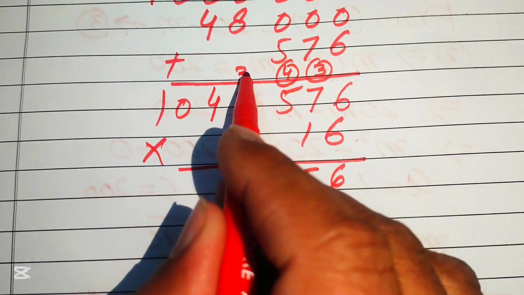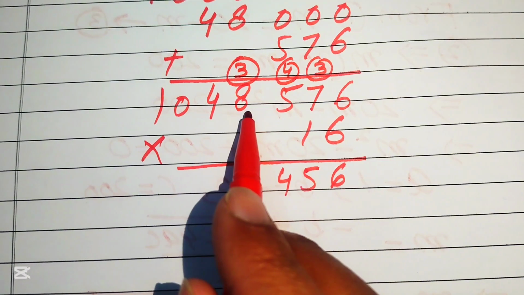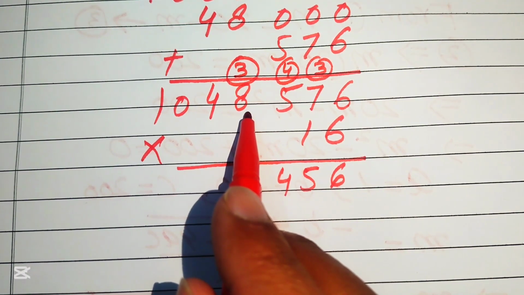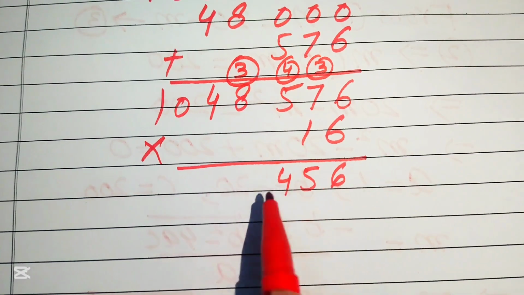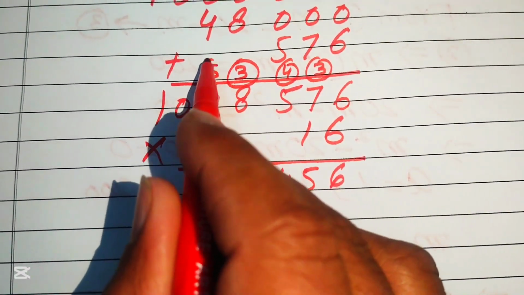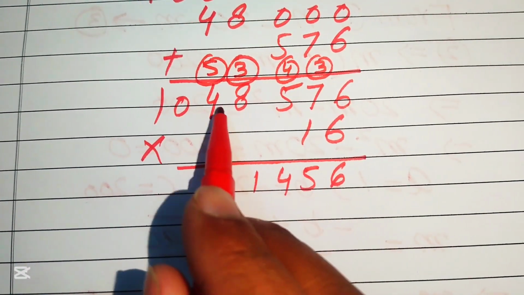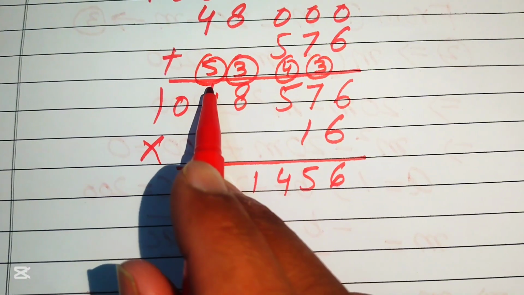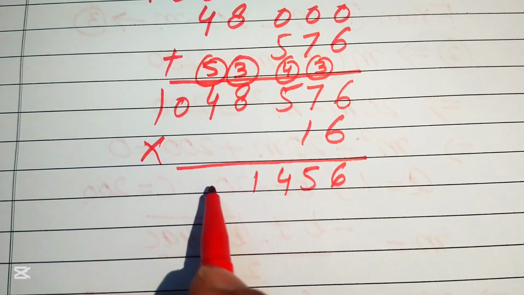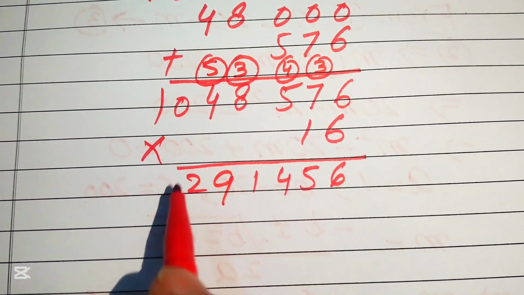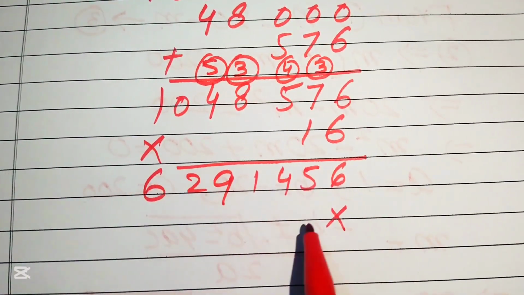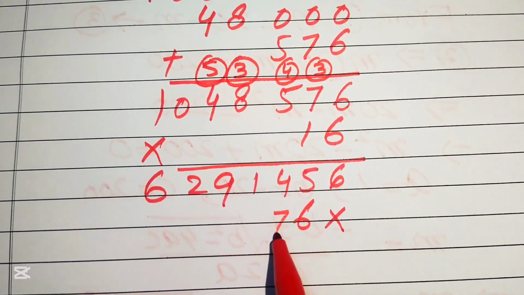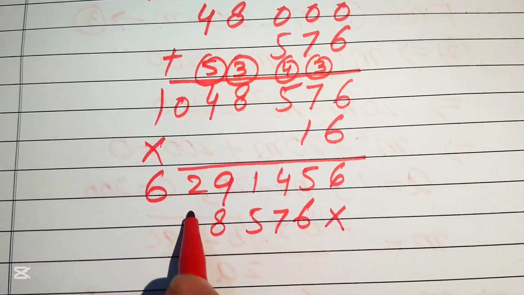We write 4 and carry 3. 6 8s are 48, 48 plus 3 is 51. We write 1 and carry 5. 6 4s are 24. 24 plus 5 will be written as 29, and 6 1s are 6. So here we multiply 1 on all of these terms, it will be written as 6 7 5 8 4 0 1.